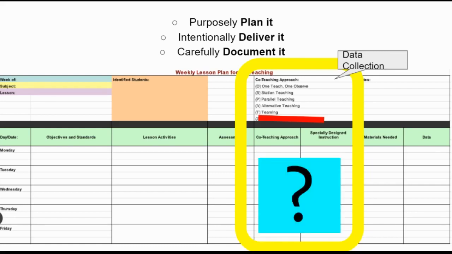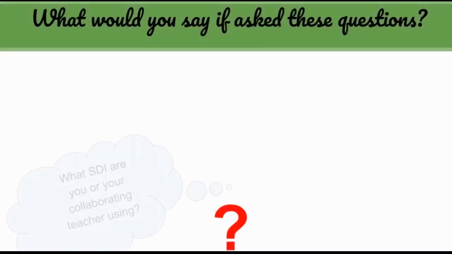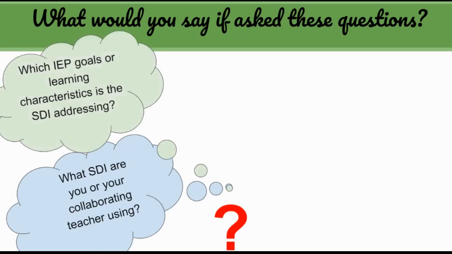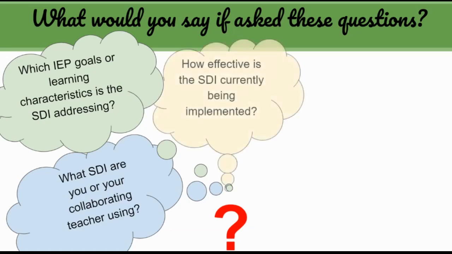So if questions arise like, what SDI are you or your collaborating teacher using? You will have the answers, both of you. You might be asked, which IEP goals or learning characteristics is the SDI addressing? If you've had those macro planning discussions, you know there are goals that are intentionally being targeted through SDI. How effectively is your SDI currently being implemented?